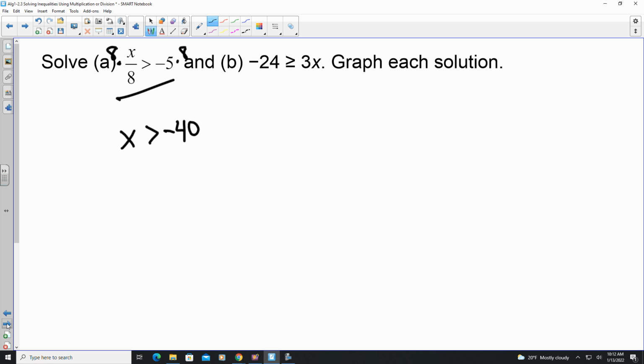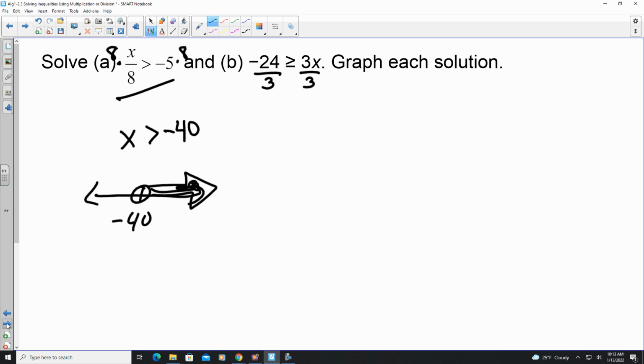And a -40 is the product of -5 times 8. Graphing this, same deal, -40 in the middle. This is now an open circle. My variable's on the left-hand side, so I can identify the arrow is going towards the right, and that's how I shade that.